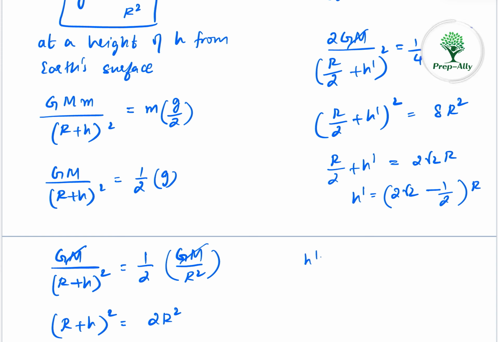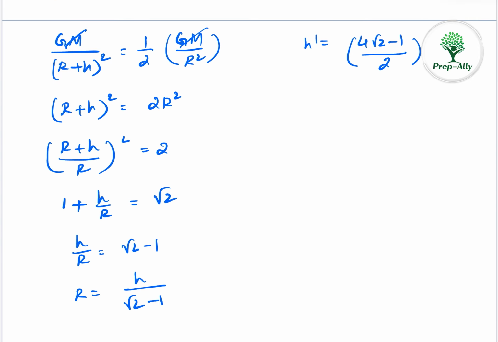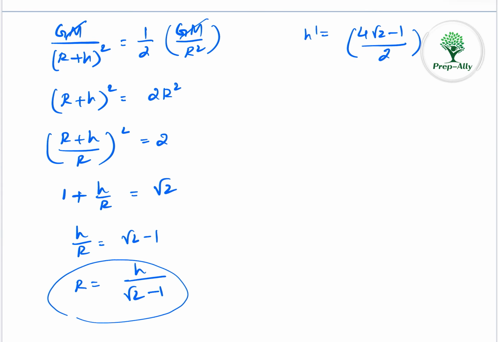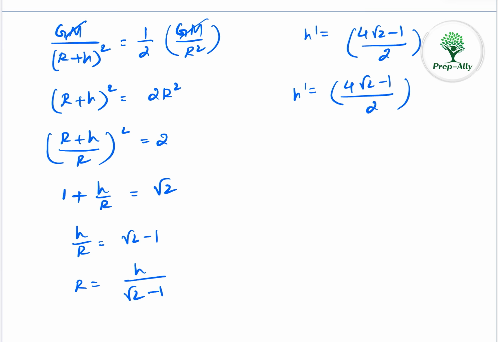So we get h dash, take LCM, this is going to be 2 into 2, 4 root 2 minus 1 by 2 into r. But we just found out the value of r in terms of h. Let us substitute that. We get 4 root 2 minus 1 by 2 into r is h by root 2 minus 1. So let us now rationalize the irrational term.